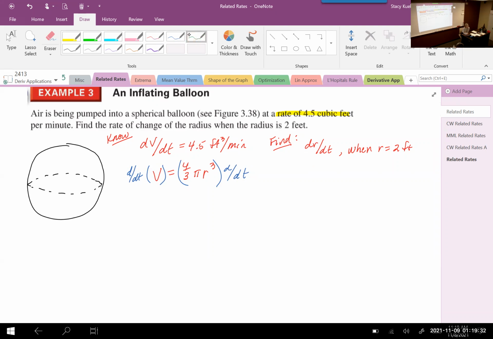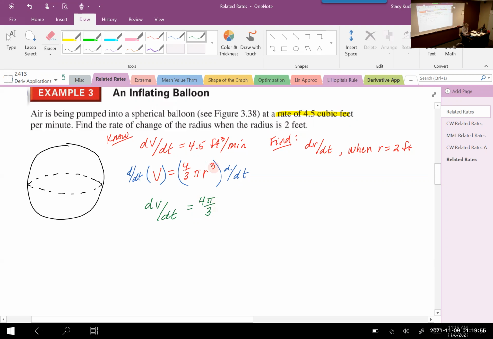And the derivative of V with respect to t would just be dV dt, right? The V disappears implicitly. Okay. And then I've got 4 pi over 3 that I'm going to pull out in front.